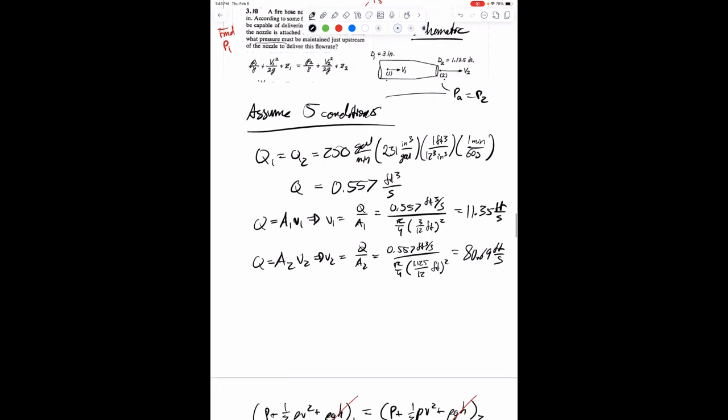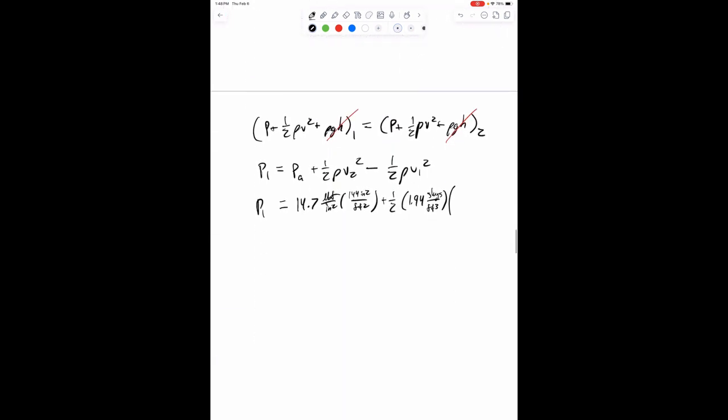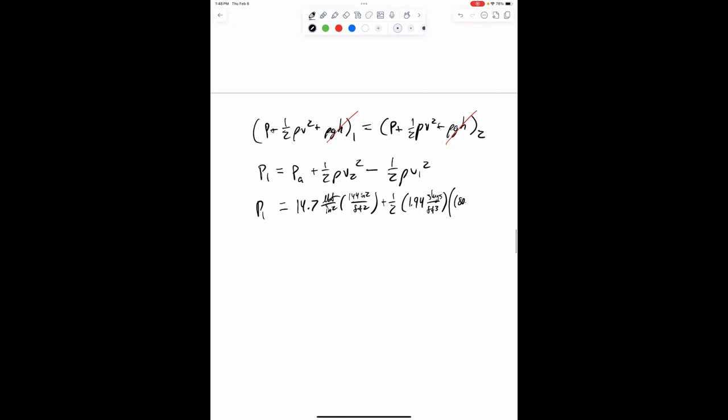Okay, we have our velocities. We can now go back to our Bernoulli's equation and solve for P1. So here it's velocity 2 first, so that's 80.69 feet per second squared minus 11.3 feet per second squared.